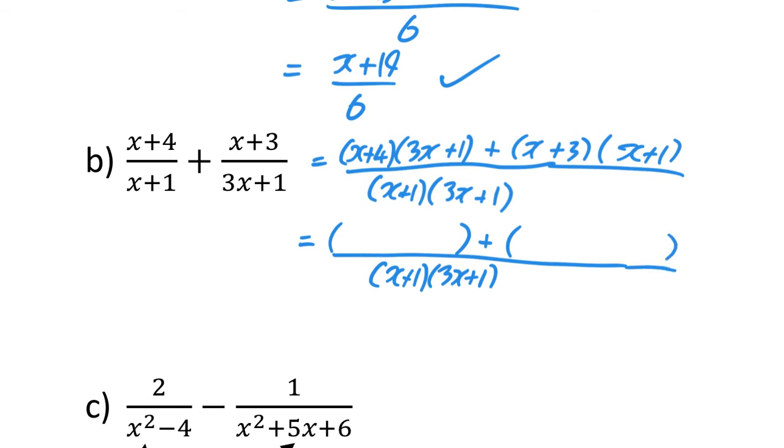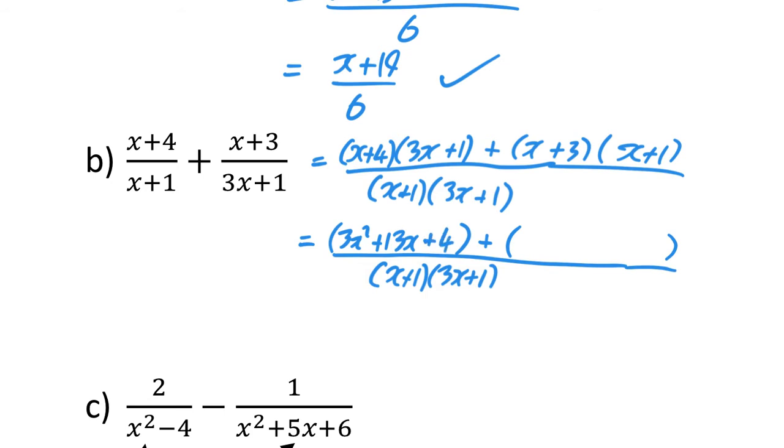Okay. You've got x times 3x, which is 3x squared, and then I'm going to skip a step here. I have x times 1, which is x, and I have 4 times 3x, which is 12x. 12x plus 1x will be 13x, and then I've got my 4 times my 1, which is just plus 4.